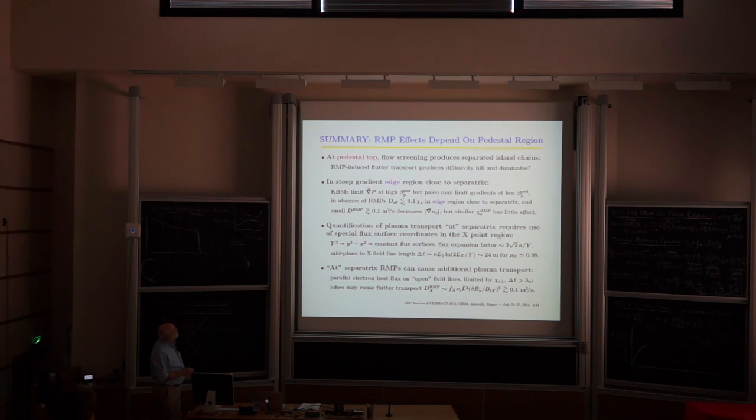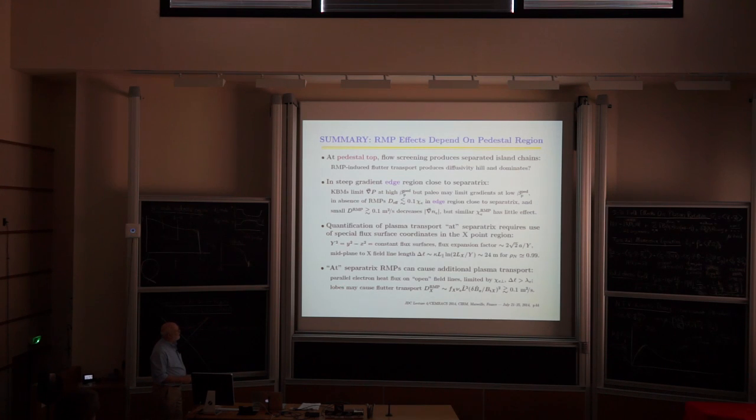And I'm trying to work on this business of extra transport effects at or very close to the separatrix. And it's going to be a mix of these parallel transport along open field lines, which may be in a collisional, believe it or not, Brzezinski regime, and a collisionless, just to complicate analysis.